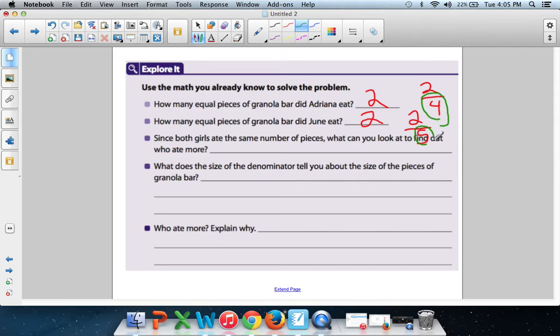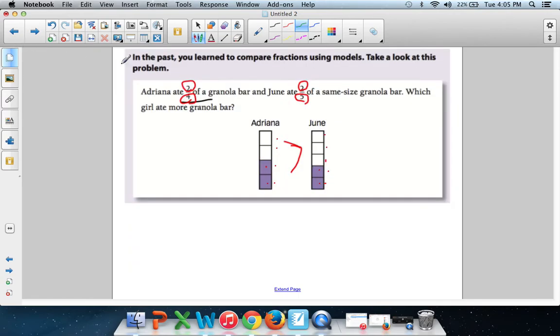If the top number is the same, then whichever bottom number is smaller has the largest fraction. Imagine that the bottom number is how much you have to split it up into. When that bottom number is smaller, you're splitting it up less. That means the pieces are actually bigger.